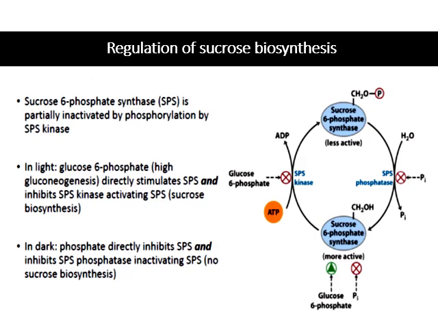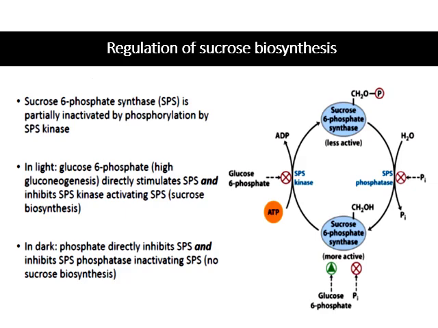So in dark conditions, what will happen? There will be less availability of glucose 6-phosphate. There will be high availability of inorganic phosphate. So this inorganic phosphate will inhibit the SPS phosphatase, thereby inhibiting the sucrose 6-phosphate synthase enzyme.